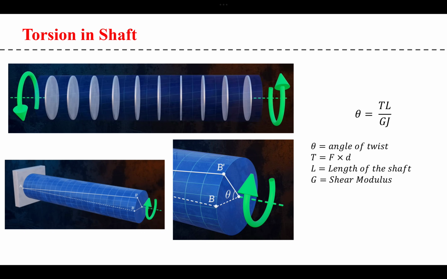G is the shear modulus, a material property very important for the shear stress-strain relationship, which we already discussed. And then you have J as the polar moment of inertia. It is given by pi over 2 times r to the power 4 for a solid shaft, but we will discuss that in the upcoming slide, what it is and how it works.